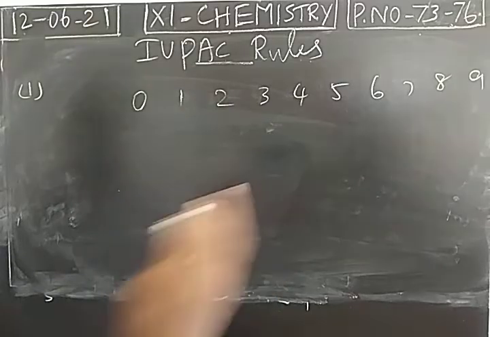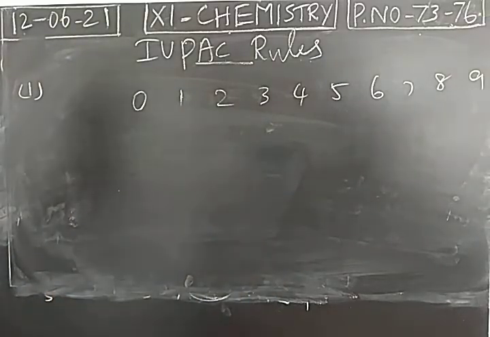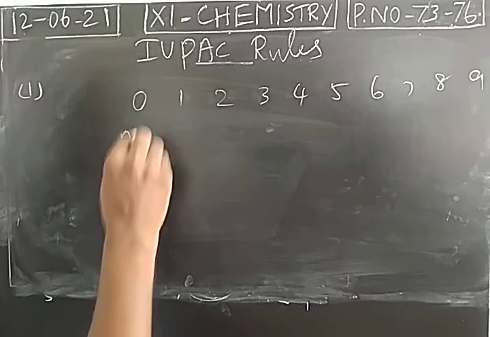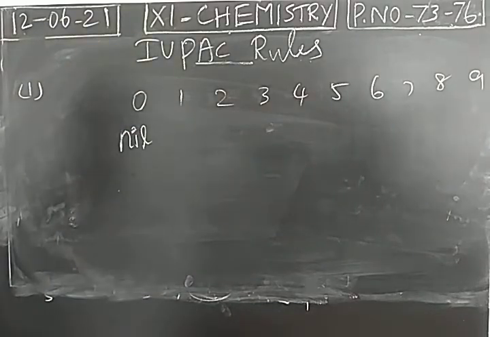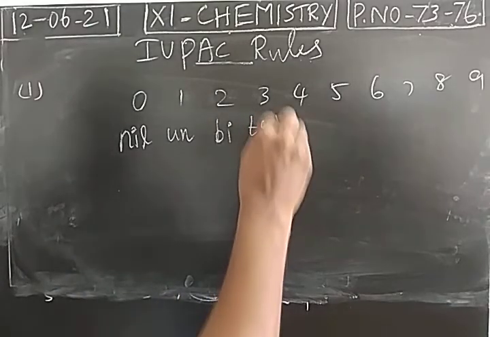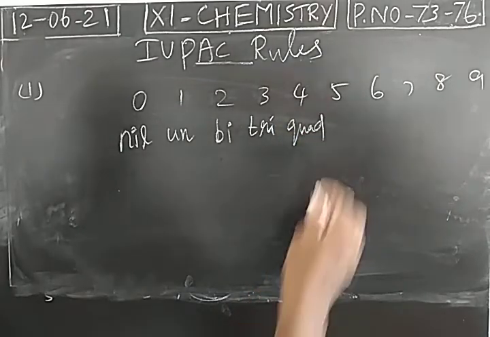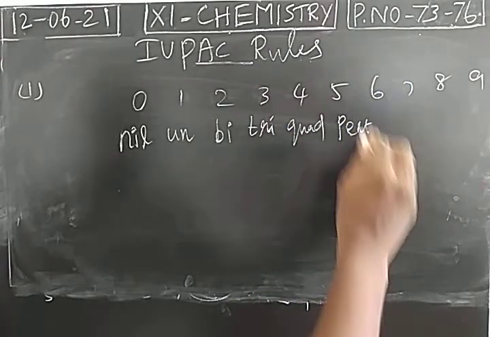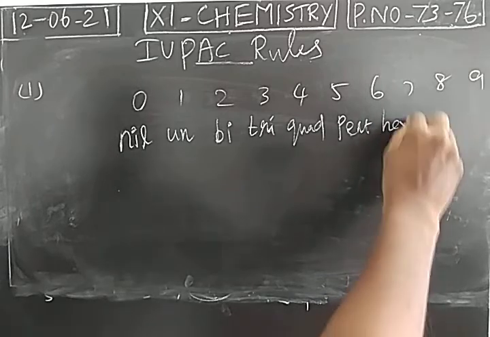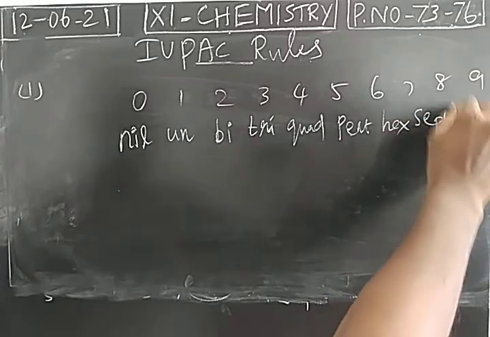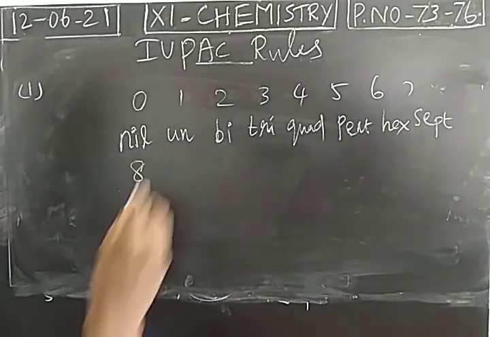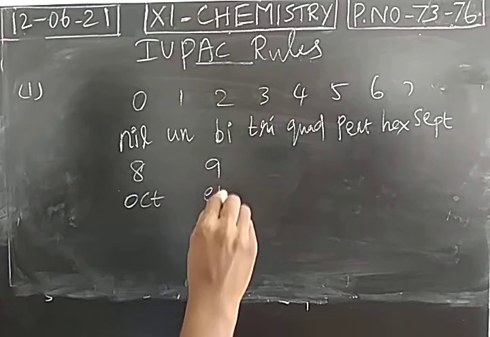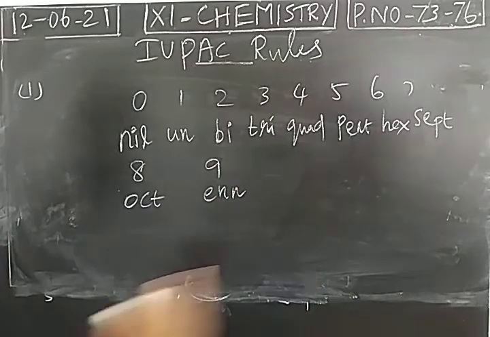For each digit, the root word given by the UPOC is: for 0 we write the root word as nil, 1 means un, 2 bi, like Greek prefixes we use the root word. 3 tri, 4 quad, 5 pent, 6 hex, 7 means sept, 8 oct, 9 enn. So these are all the root words.